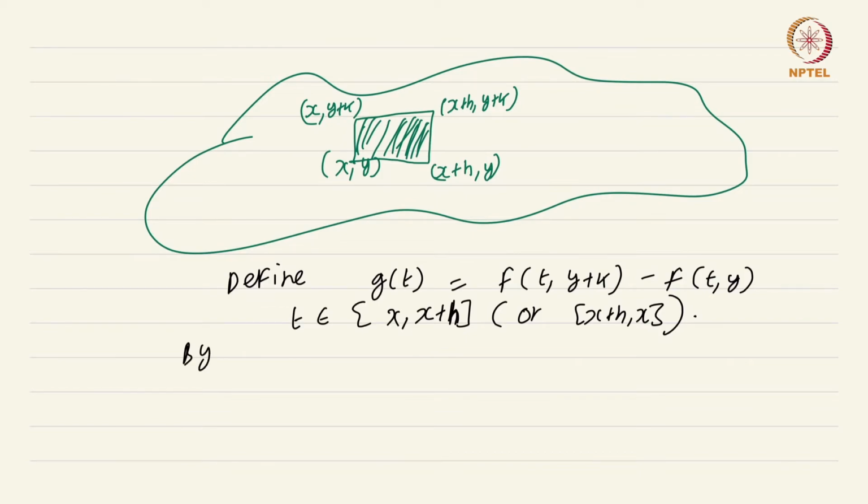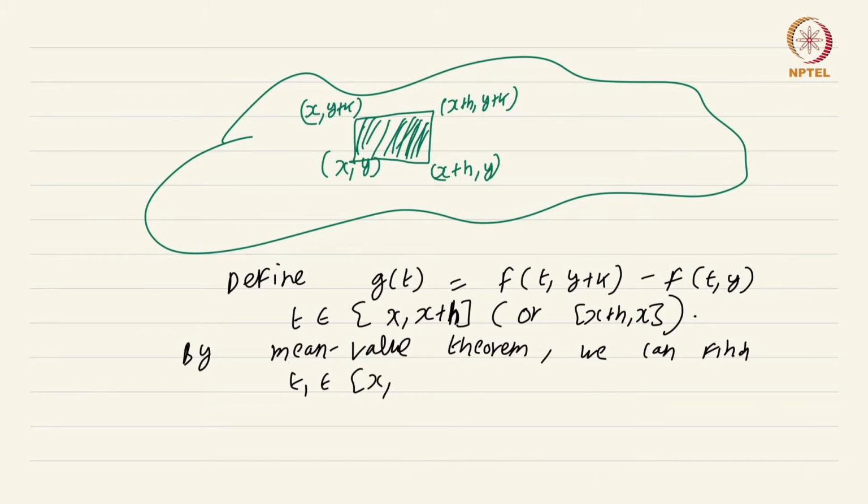So by mean value theorem, we can find t1 in (x, x plus h). It could be (x plus h, x). That's really the only change you will have to make when adapting the proof to the negative case. We can find t1 in (x, x plus h) such that g of x plus h minus g of x is just g prime at t1 times h.